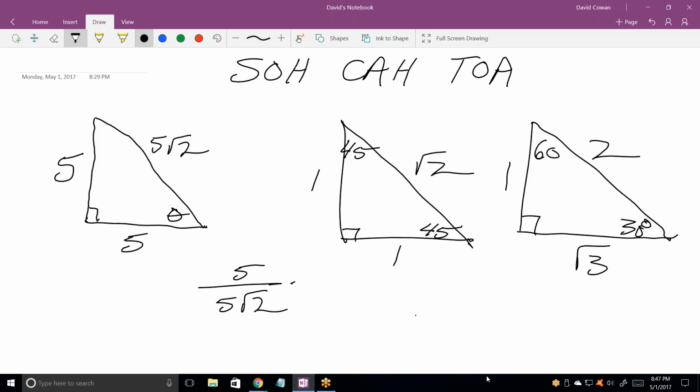You're taking the radical out of the denominator, so you'd multiply both by root 2. I don't need to multiply by 5 root 2. I just need to multiply top and bottom by root 2. And that gives me 5 root 2 in the top, and it gives me 5 times 2 in the bottom, or 10, which gives me root 2 over 2.